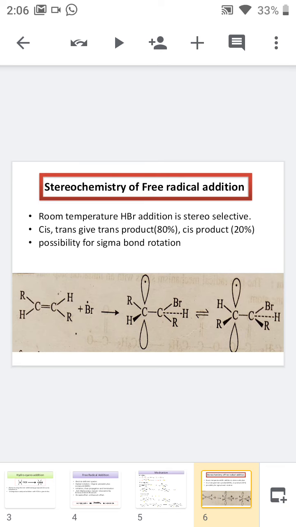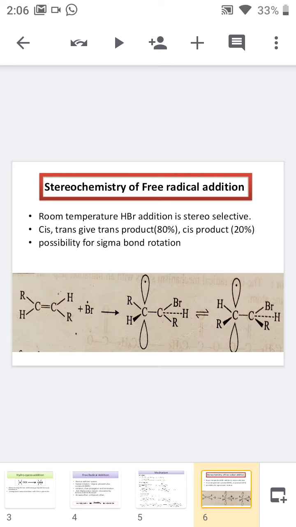For example, in this case, a cis or trans alkene is added to a bromine radical. So we will get a radical again, in which the radical is located in an empty p orbital, and we are converting the multiple bonded compound into a sigma bonded compound, and there is a possibility of sigma bond rotation.